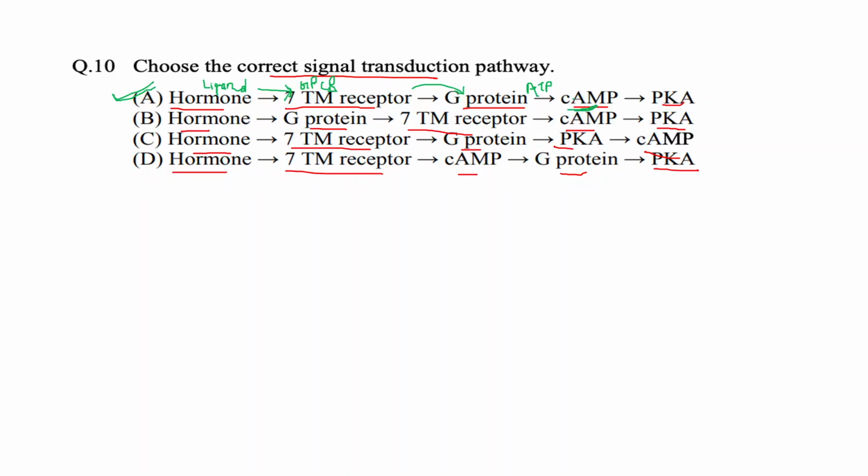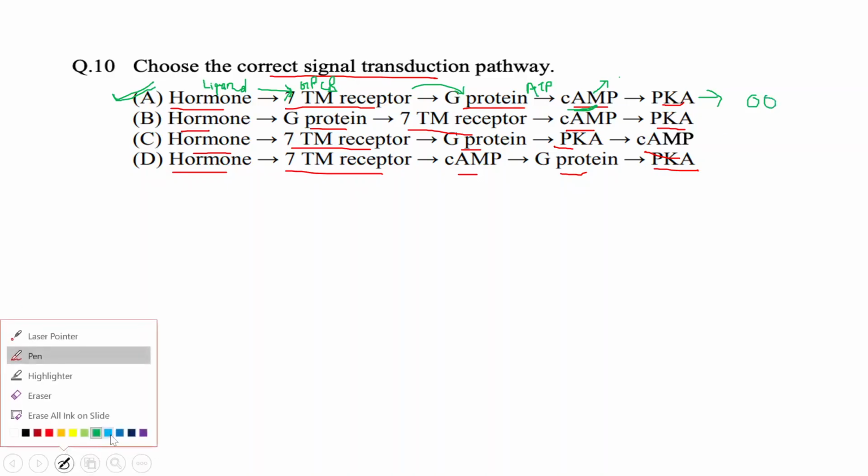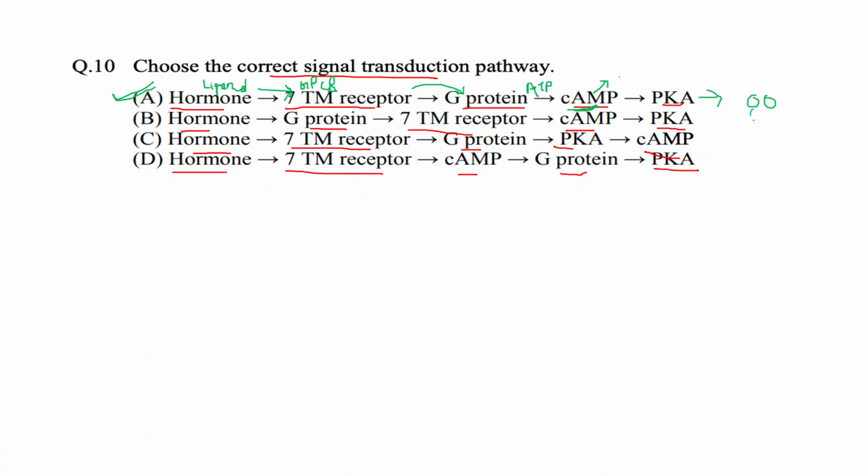And once this cyclic AMP concentration increases in the cytosol, it leads to protein kinase A activation. This protein kinase A has 2 catalytic subunits and 2 regulatory subunits. The cyclic AMP will bind and the catalytic subunits will separate from the regulatory subunits, and they will go to the nucleus.